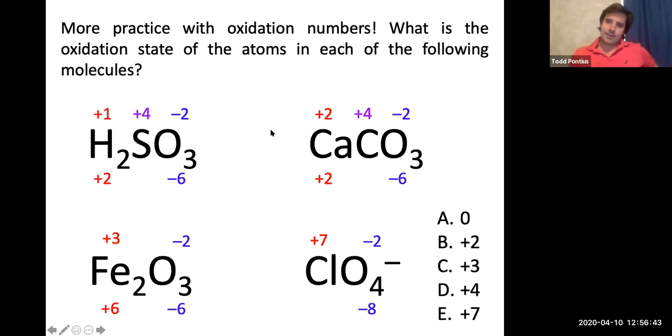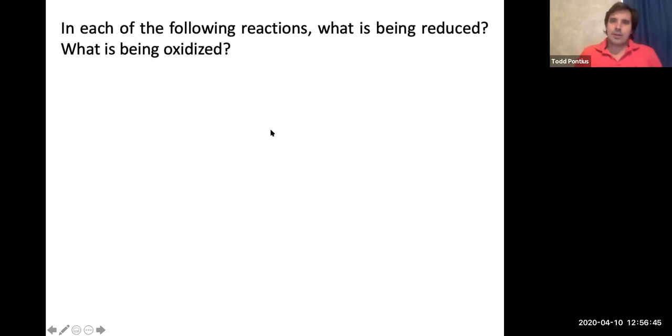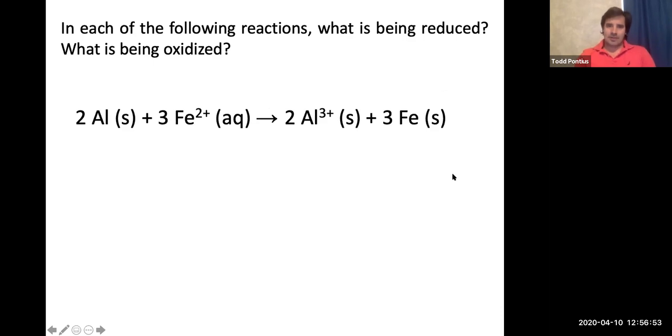Okay, so then let's look at a few reactions and say if something's being reduced or oxidized, if it's the oxidizing agent or reducing agent. So up first, we have this reaction. Aluminum oxidizes really easily. If you look at aluminum cans, they actually have aluminum on the inside of them, but they're surrounded by this coat of aluminum oxide because aluminum basically, if it touches oxygen, will instantly oxidize.